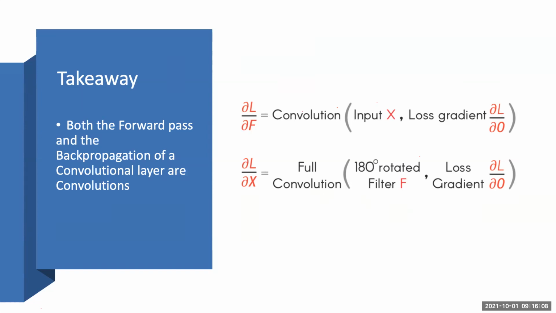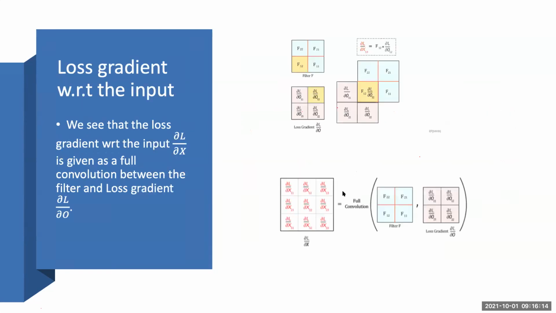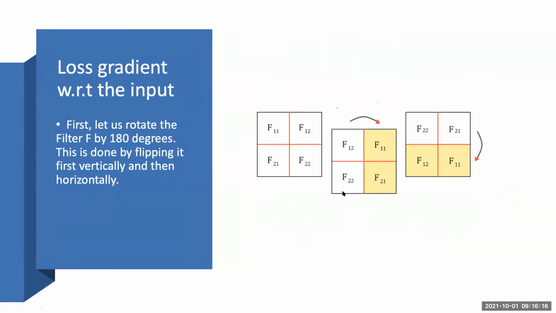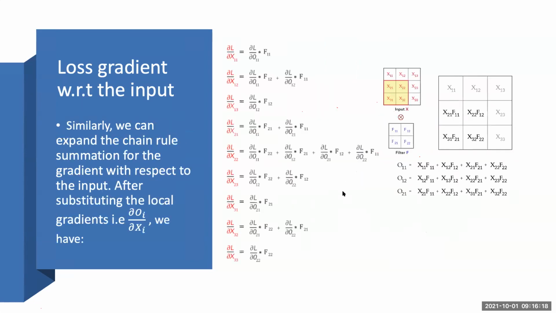Ryan is asking, why do we flip the filter? It's kind of like we're trying to work our way backwards. This is the expression to find the gradient with respect to the inputs, right? But we're trying to find a compact formula for us to use, and it's like we're working our way backwards.